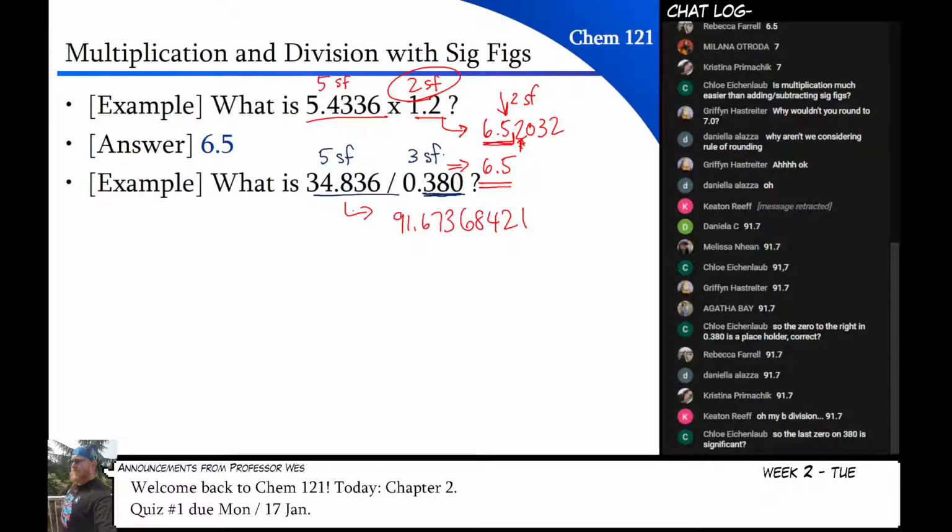So make sure you apply the decimal rule anytime you see the decimal. So my answer should have 3 sig figs. So I'm going to take the first 3 numbers. We're going to round right there. And then the next digit is 7, so we'll round up. So the answer I would report would be 91.7, which most people got. Very good.